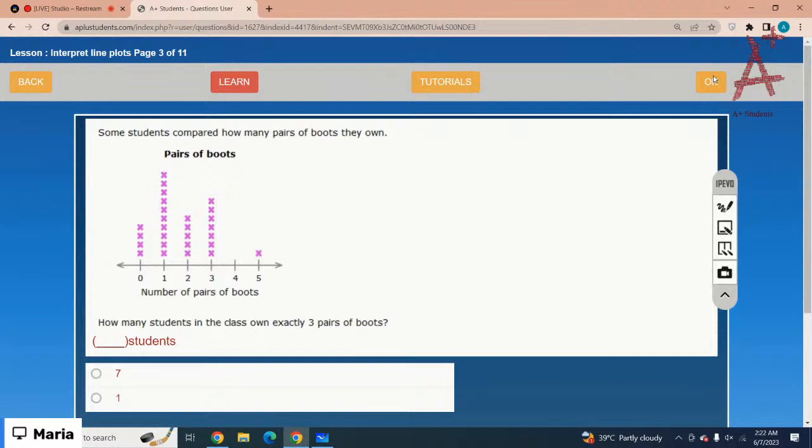Some students compared how many pairs of boots they own. How many students in the class own exactly three pairs of boots? So which is the correct option?